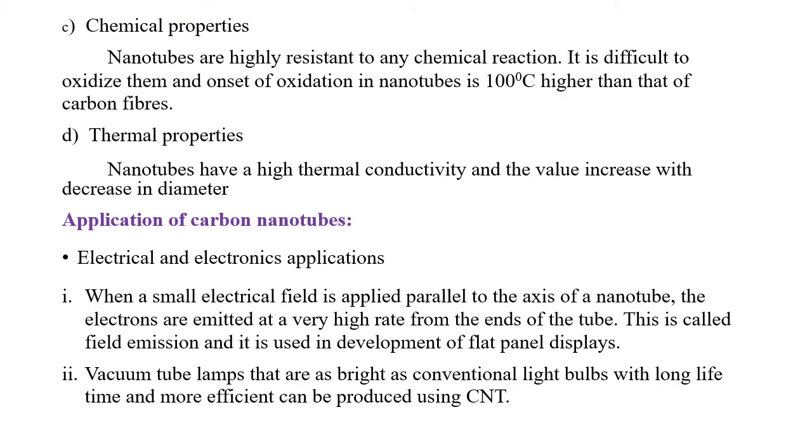Next, chemical properties. Nanotubes are highly resistant to any chemical reaction. It is difficult to oxidize them, and the onset of oxidation in nanotubes is 100 degrees Celsius higher than that of carbon fibers. As a result, temperature is not a limitation in practical application of nanotubes.